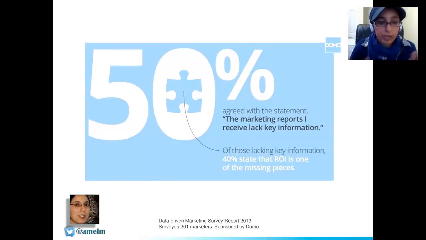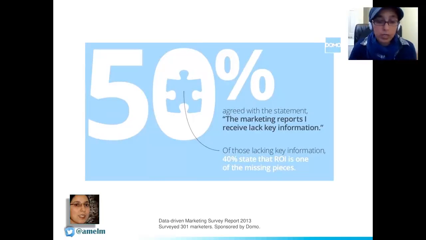They surveyed about 300 marketers, and 50% of them agreed that the marketing reports they receive are lacking key information, and 40% of them said they are lacking the ROI metric.